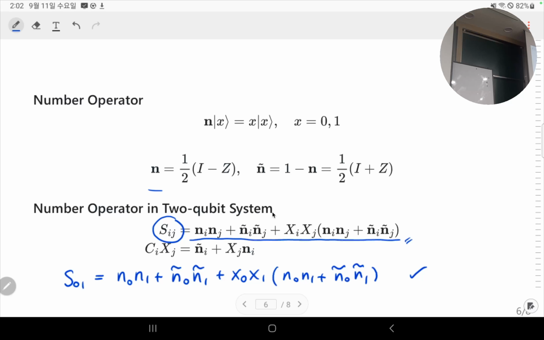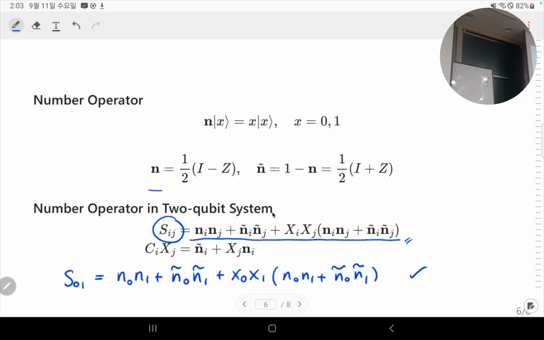But let's first think about the action of this operator, Ni and J. You can start by applying 0 0, 0 1, 1 0, 1 1 on this operator and then see the outcome.